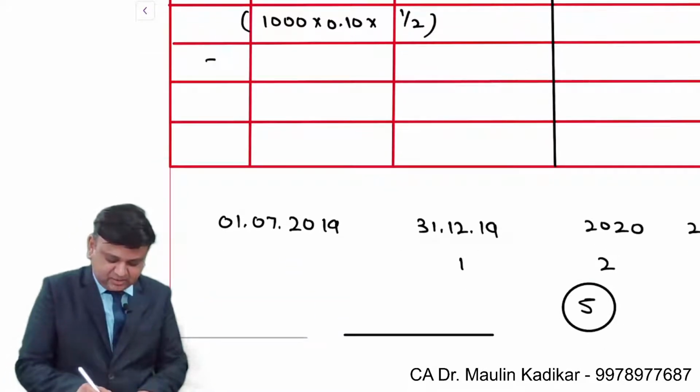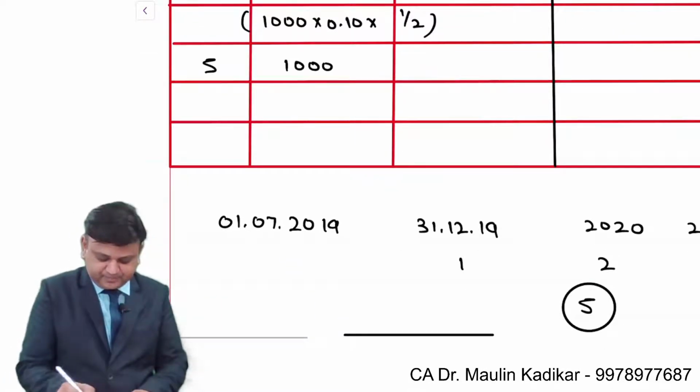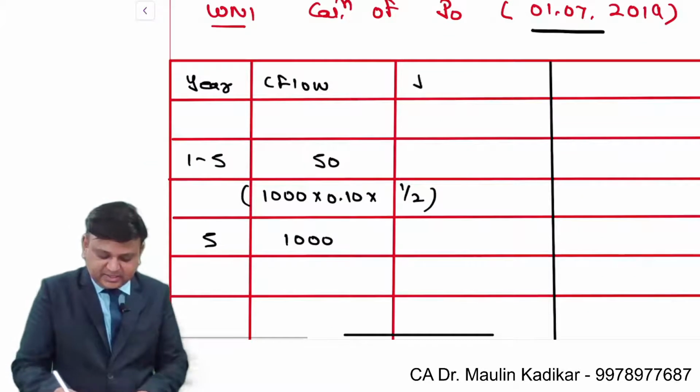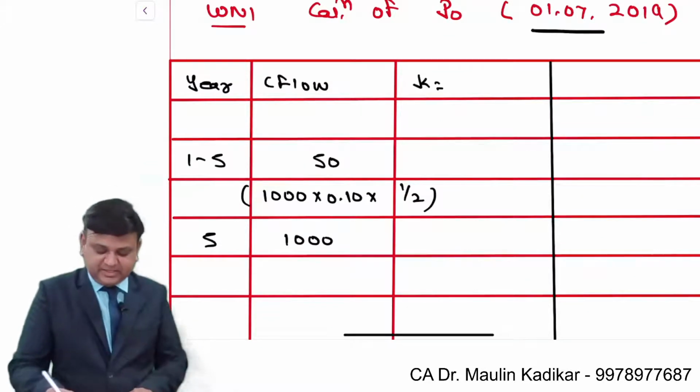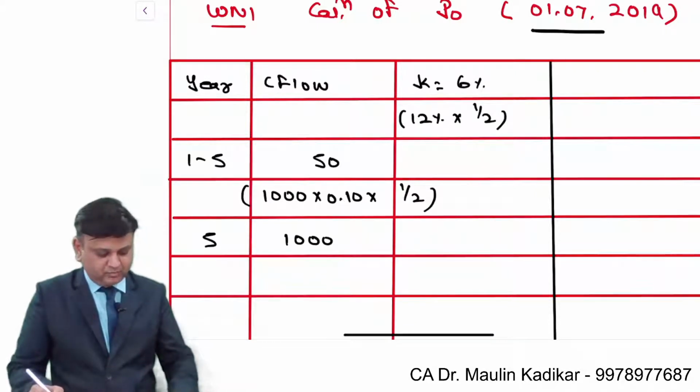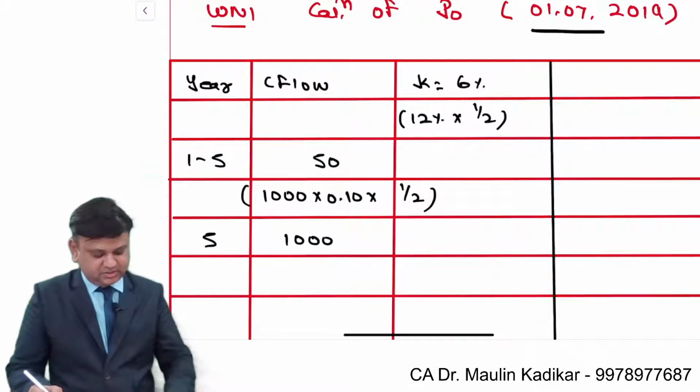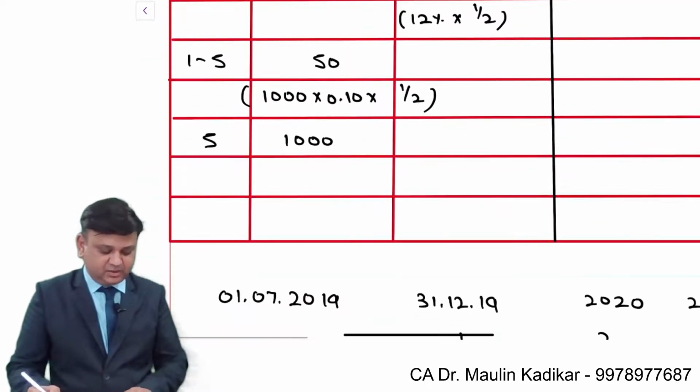Then last year we will receive 1000 rupees. It is discounted at the rate of what? We understand it's 6%, so it is 12% into 1 by 2. So over here, one divided by 1.06. 1, 2, 3, 4, 5. 0.7473.